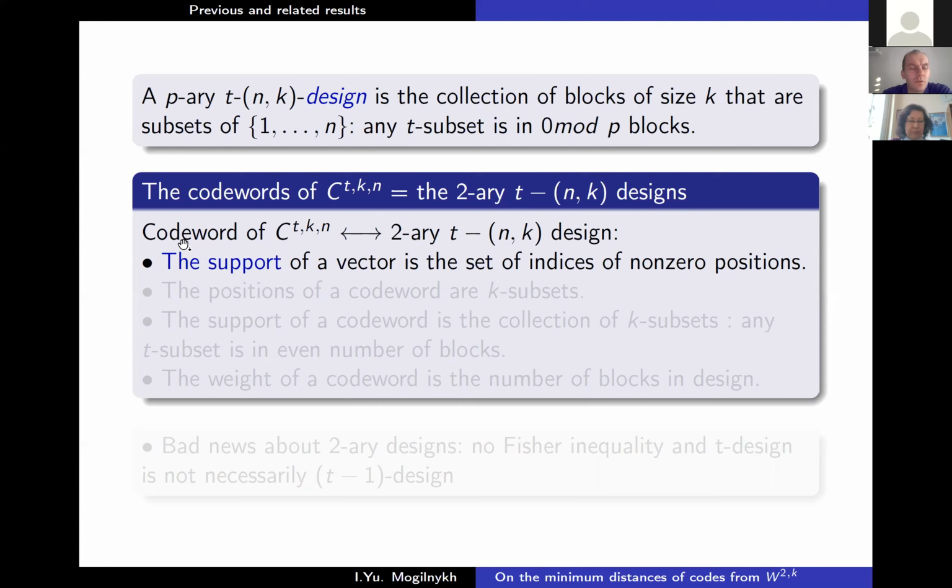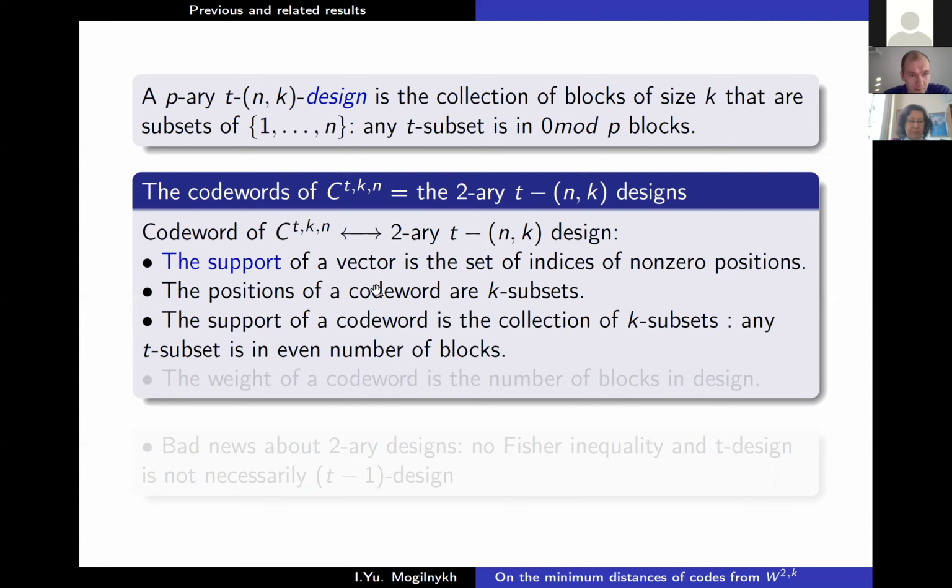For a codeword, one might consider its support, which is the set of indices of non-zero positions. The positions of a codeword are actually k-subsets. Since the parity check equations should be fulfilled for our codeword, the support of a codeword is a collection of subsets such that any t-subset is in an even number of blocks.